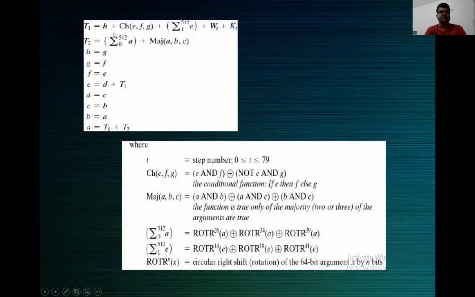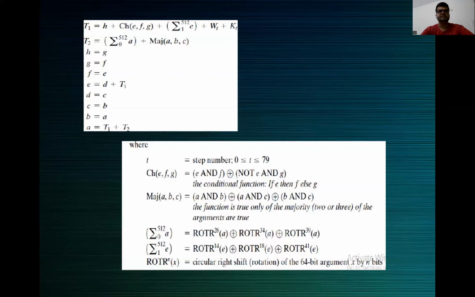And now I'm going to talk about more formulas, which is T1 equals H plus CH bracket open E comma F comma G bracket close plus summation raised to power 1 of 512 E bracket close plus WT plus KT, and T2 will be equal to summation 0 of 512 A bracket close plus MAJ bracket open A comma B comma C bracket close.